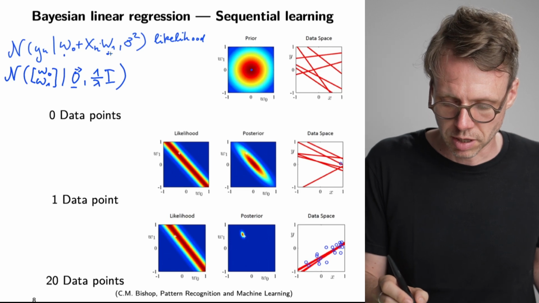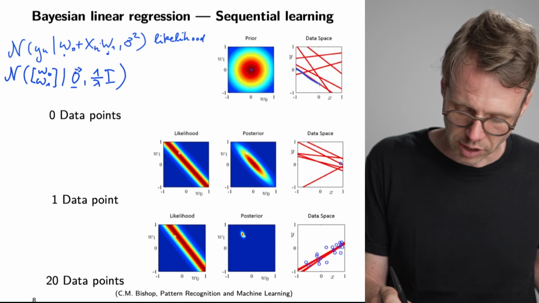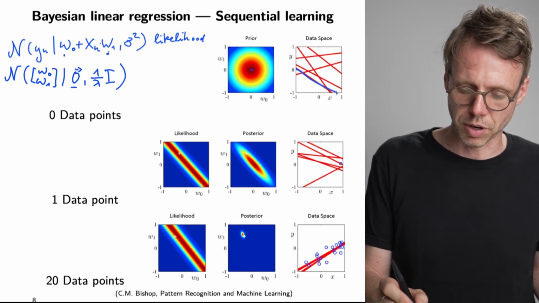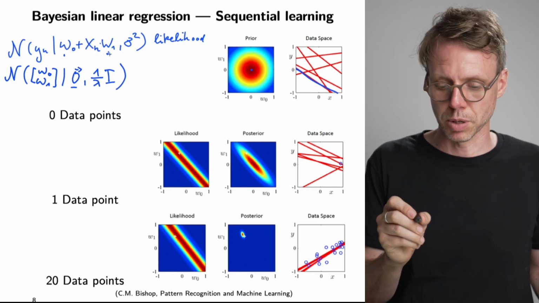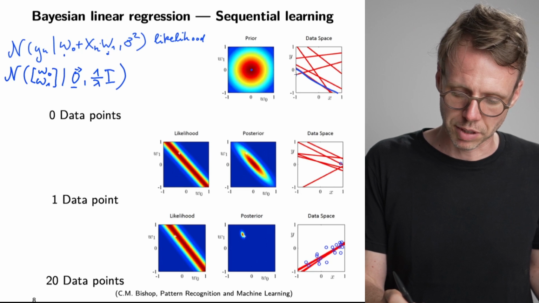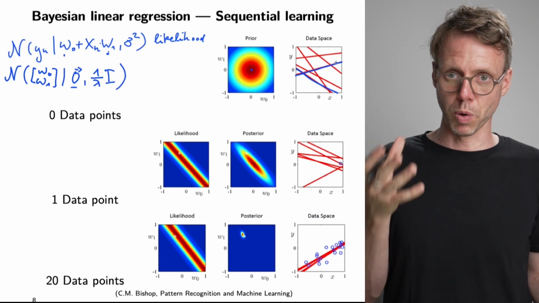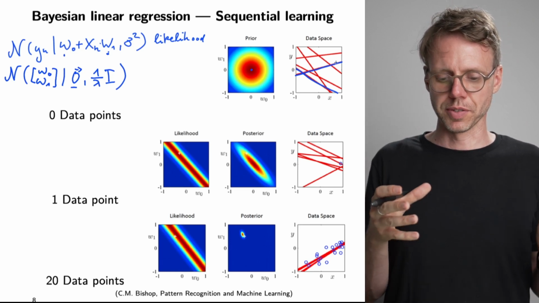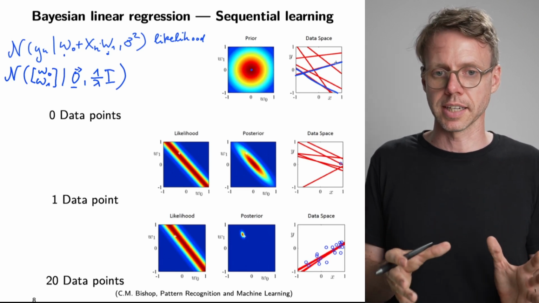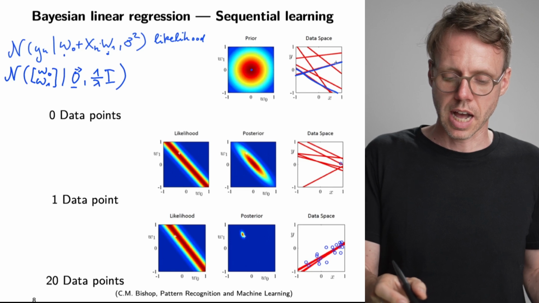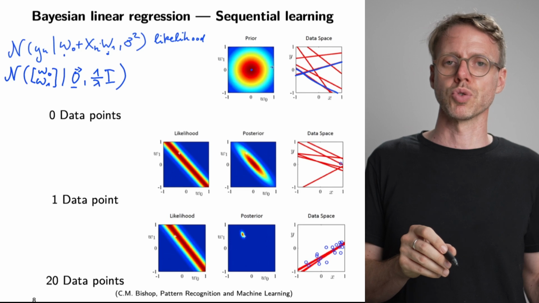For example, we could sample this function here, which is given for a pair of W0 and W1, or we could sample this function here, which is another pair of W0 and W1. Now these functions, of course, they don't mimic any data because we have not seen any data yet. So they're just arbitrary random functions that are given by sampling from our prior distribution.